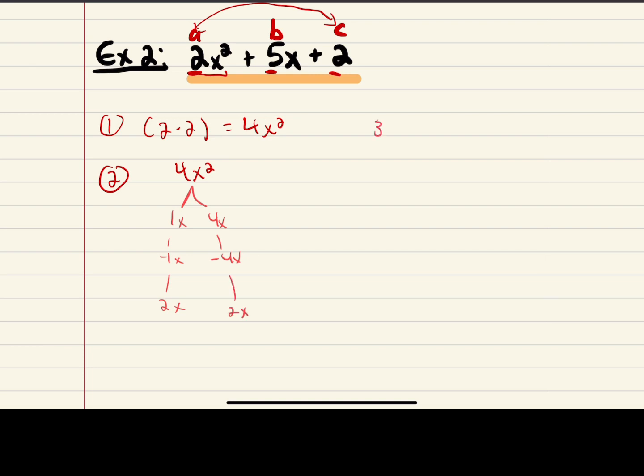Now the third part of this is to choose which of the factors add up to our b value of 5. Well, we can see that 1x plus 4x equal 5. So I'm going to write that down as 1x and 4x.